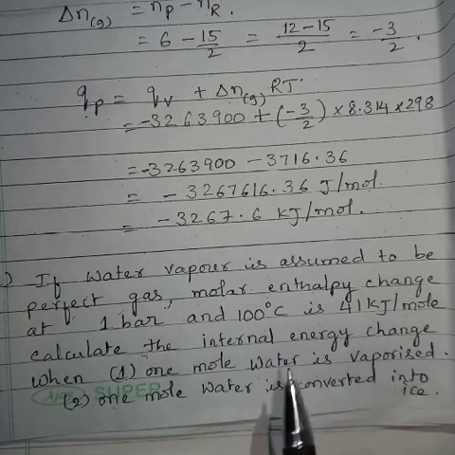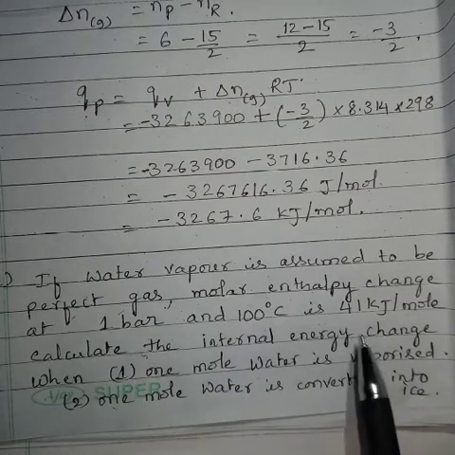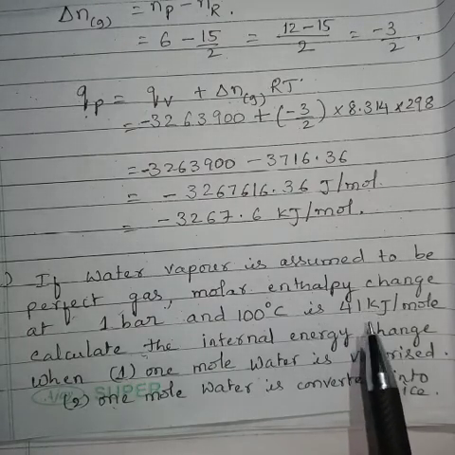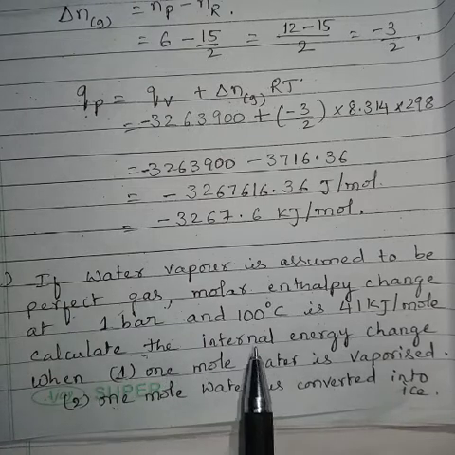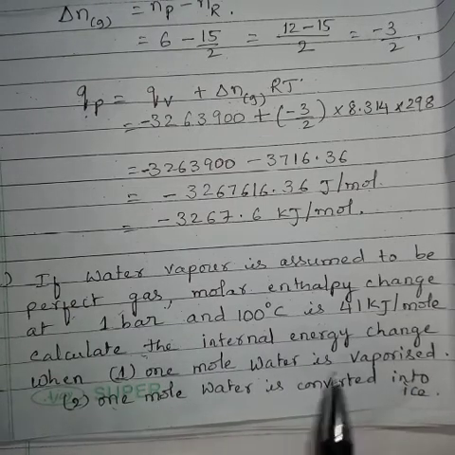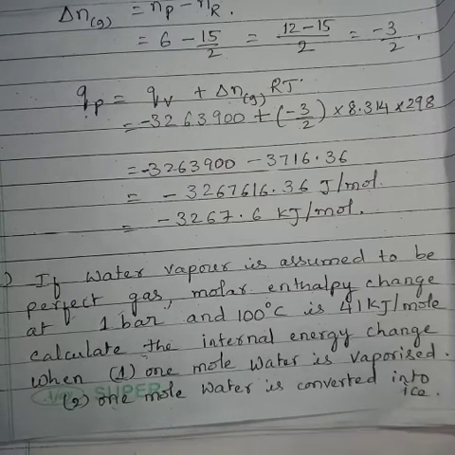It means to convert 18 gram of water to 18 gram of water vapor, it takes about 41 kilojoules of heat energy. Then you are required to calculate the internal energy change, that is delta U, when 1 mole of water is vaporized.